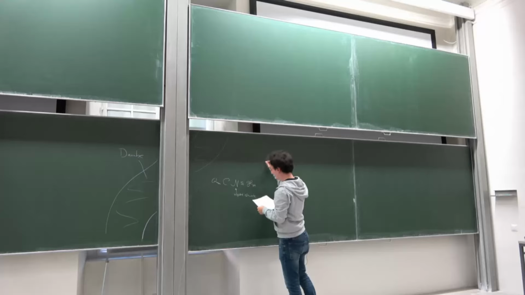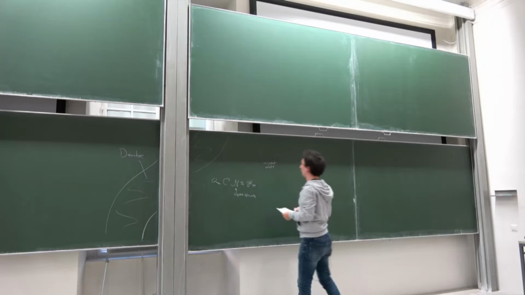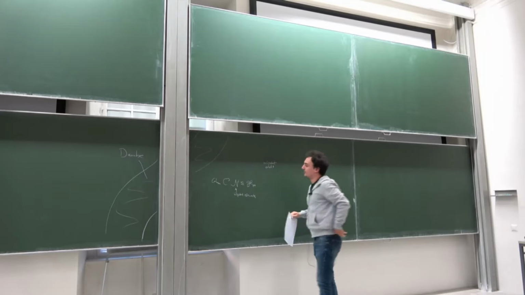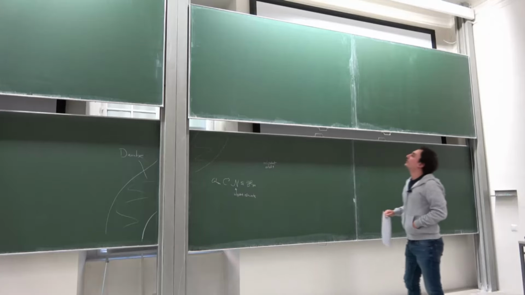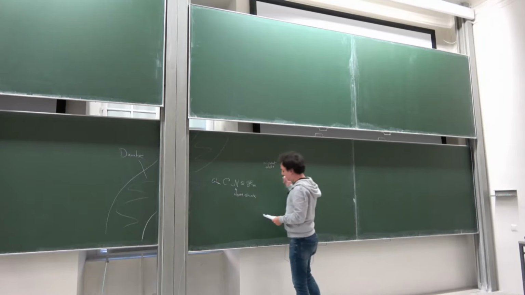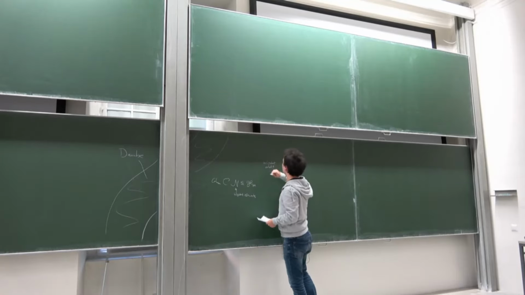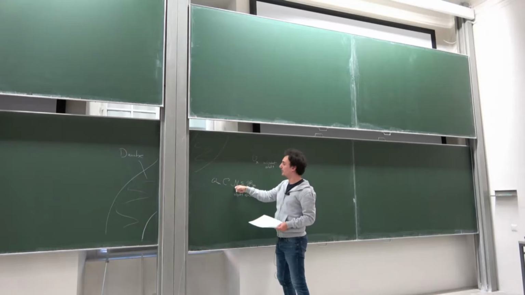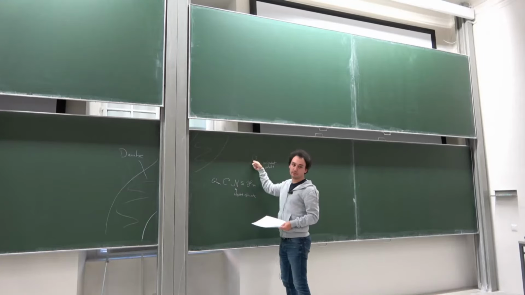So I'm interested in the nilpotent orbits. An orbit under this action is called a nilpotent orbit. The first question now is, can I classify them? This is something that we all know from linear algebra. Let's take some nilpotent element x here, and I look at the corresponding orbit.